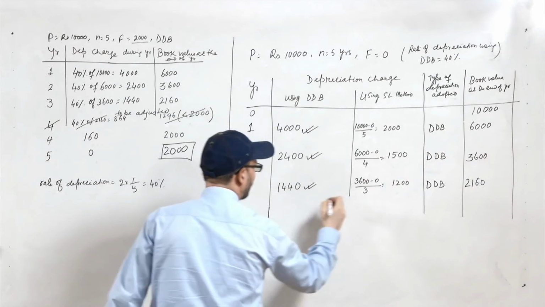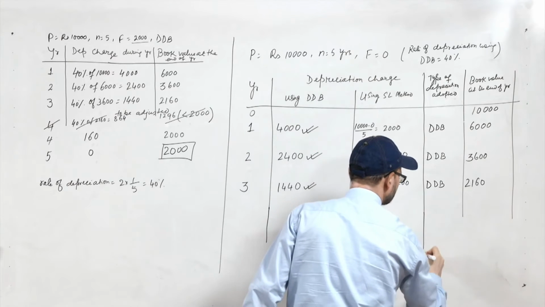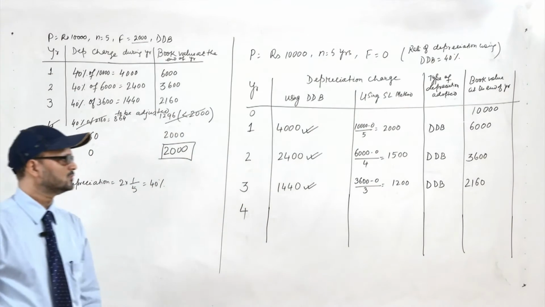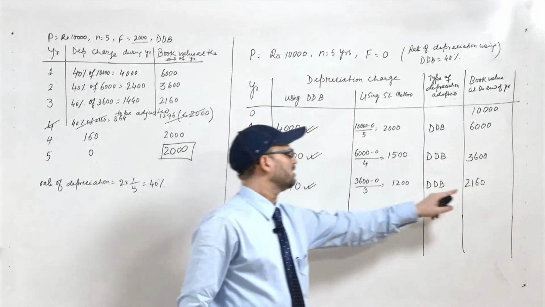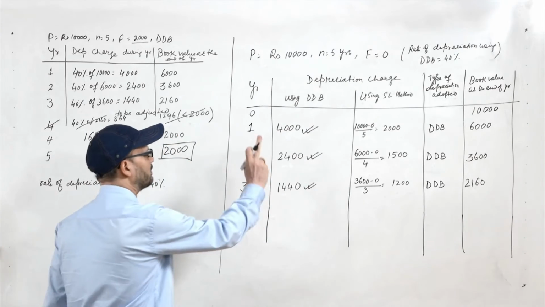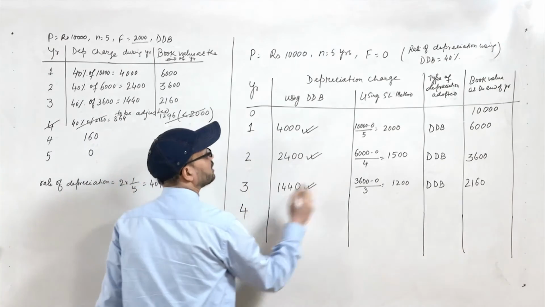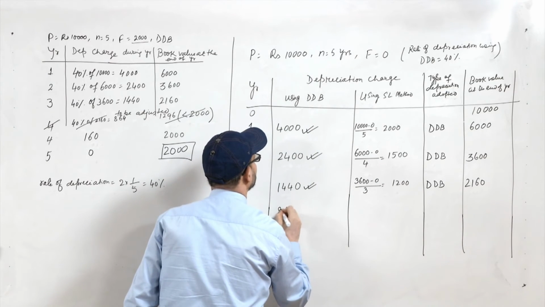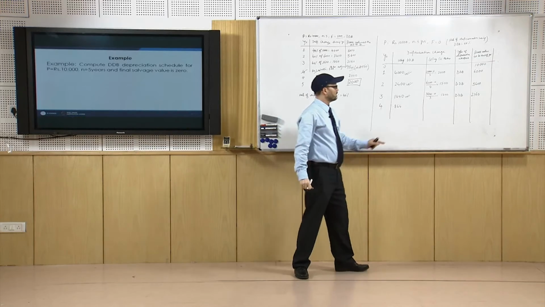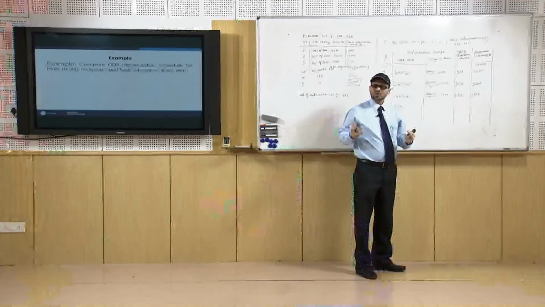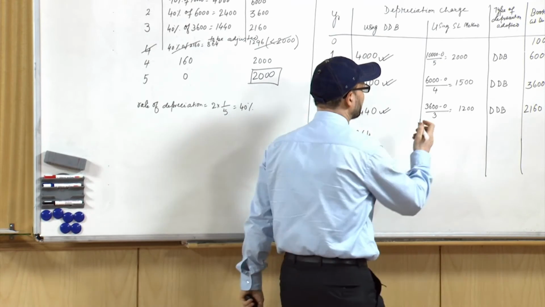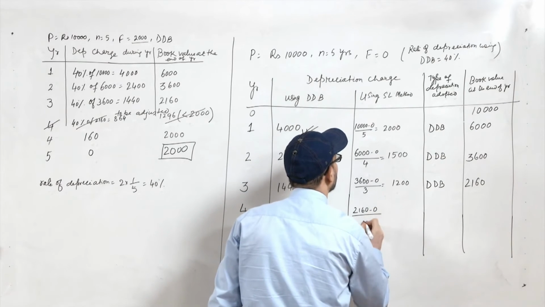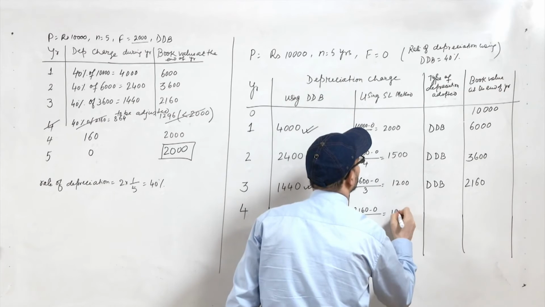Now, we will go to 4th and 5th year. During the 4th year, we have the book value at the end of 3 year as 2,160. So, using double declining balance method of depreciation, 40% of 2,160. So, it is 864. Now, we have 2 more years left. So, using straight line method of depreciation, the depreciation charge will be 2,160 minus 0 by 2, that is 1080.